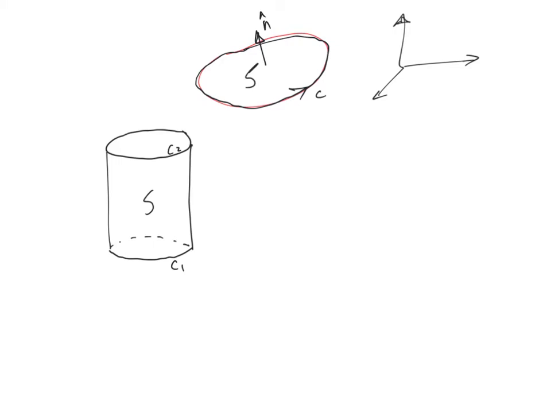If we want to use Stokes' theorem to calculate the flux passing through the surface S, we can either use a surface integral or we can use Stokes' theorem. In that case, we have to calculate two vector line integrals, one around this curve and one around this curve. The sum of these two vector line integrals around curve C1 and C2 will be equal to the surface integral of the curl over this surface S. Remember, this is Stokes' theorem.